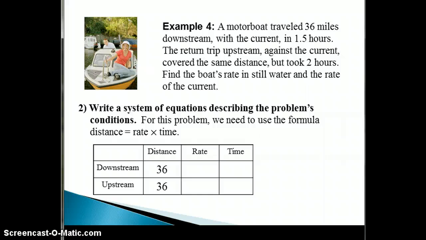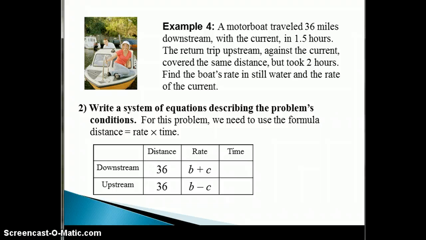Thus, the rate of the boat downstream is B plus C miles per hour. When the boat goes upstream, it's going against the current, so it will actually be slowed down by the current by C miles an hour. Thus, the rate of the boat upstream is B minus C miles per hour.